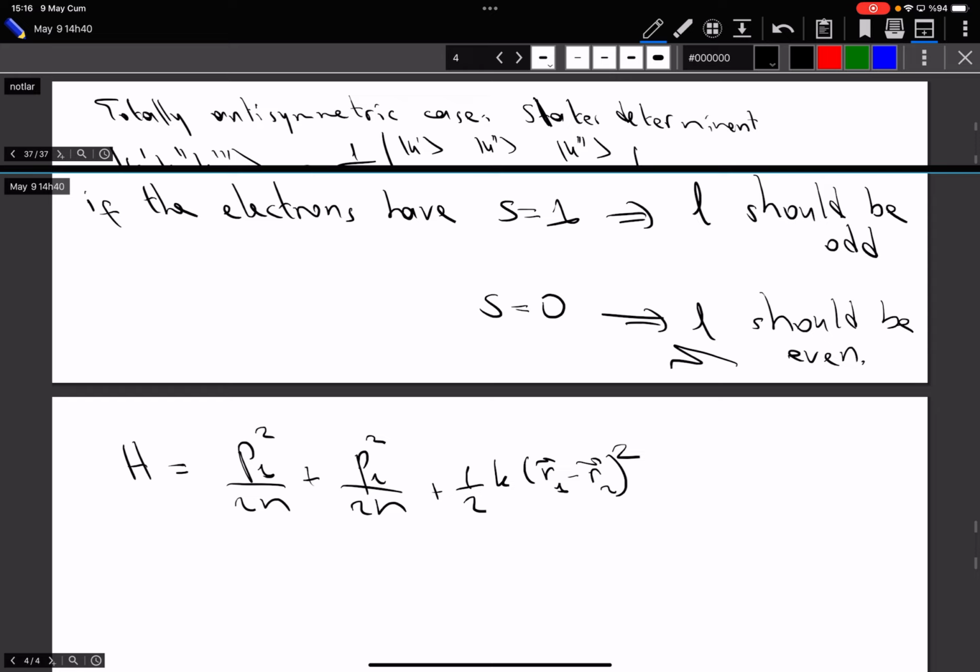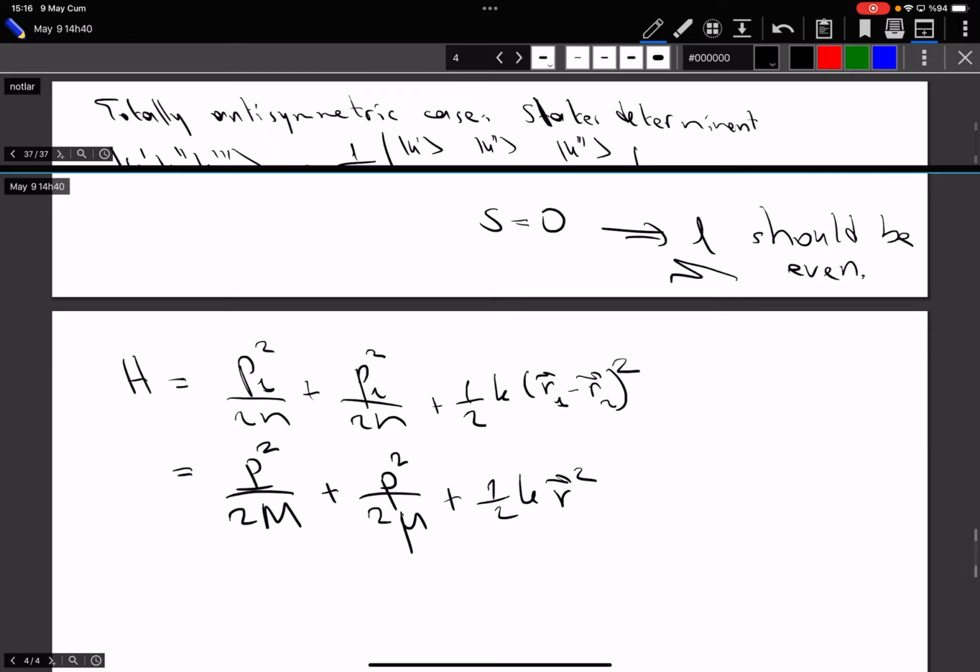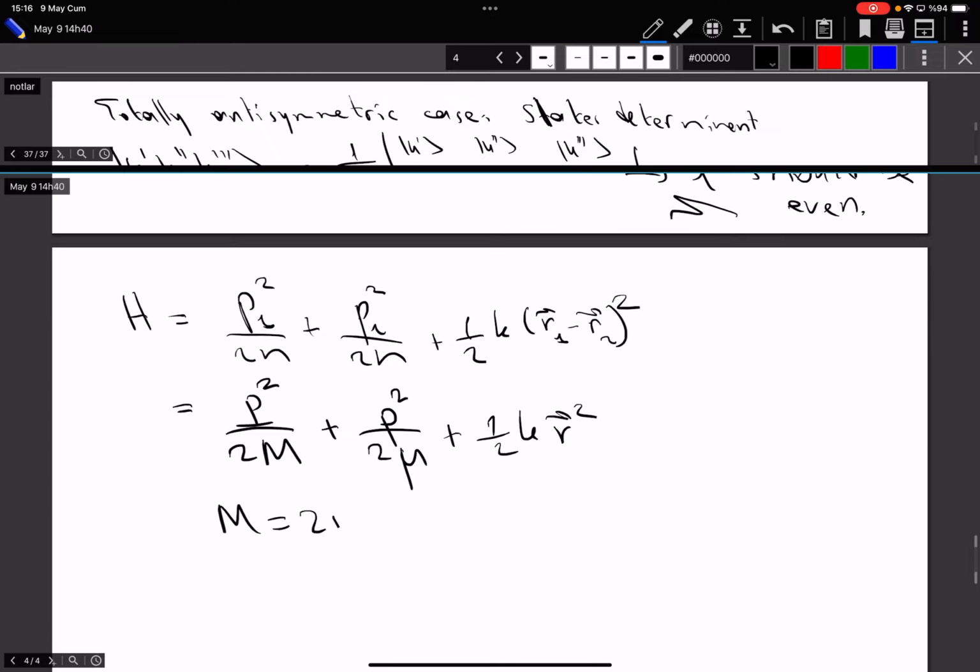So if you go to the center of mass motion and the relative motion coordinates, you will see that the center of mass is just the motion of a free particle. Here M is 2m, and mu is m over 2, the reduced mass. So this will be your system.